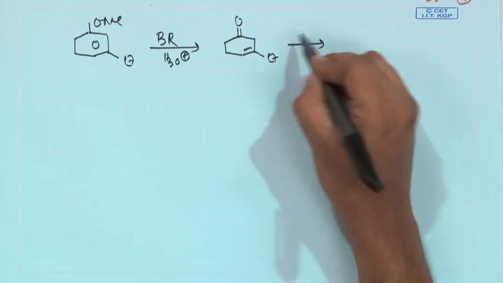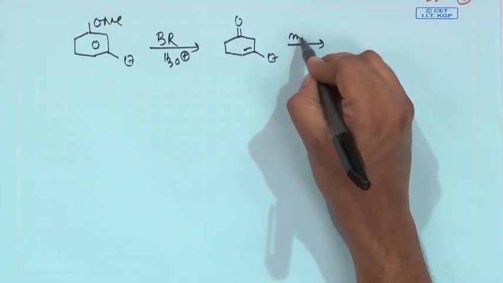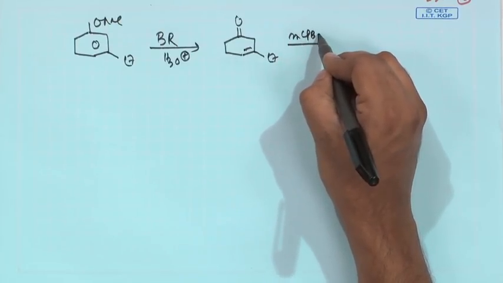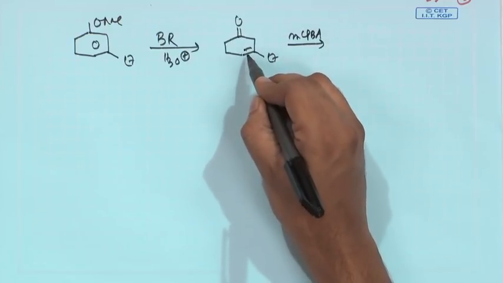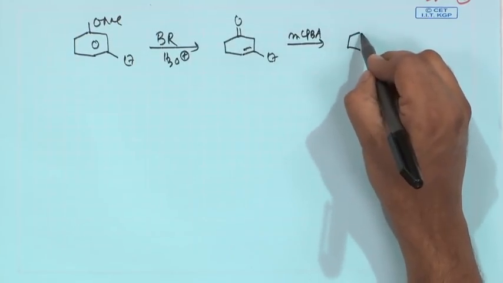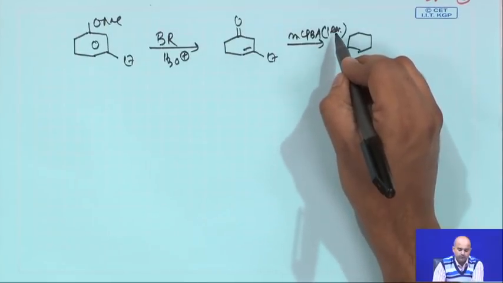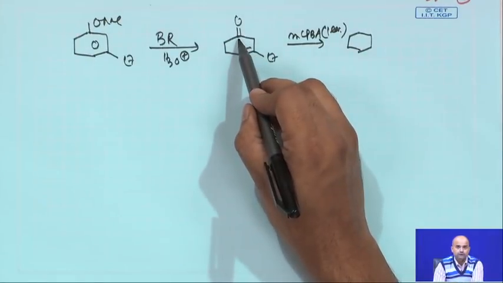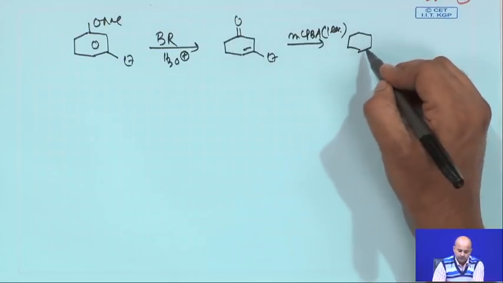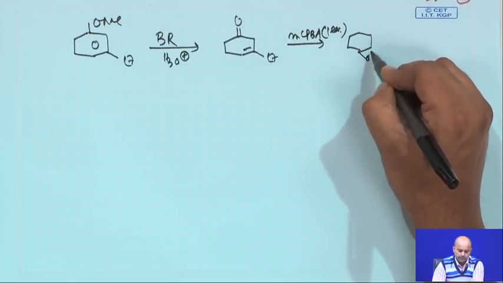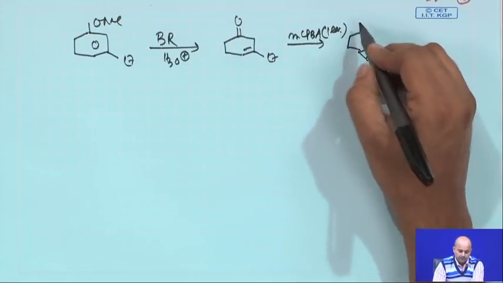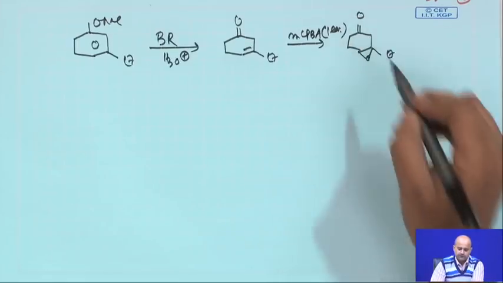So, immediately subject it to epoxidation with MCPBA. This electron rich olefin reacts instantly. Use one equivalent of MCPBA, otherwise if you use excess equivalents, Baeyer-Villiger oxidation may take place here. So, use one equivalent of MCPBA and you get these things.